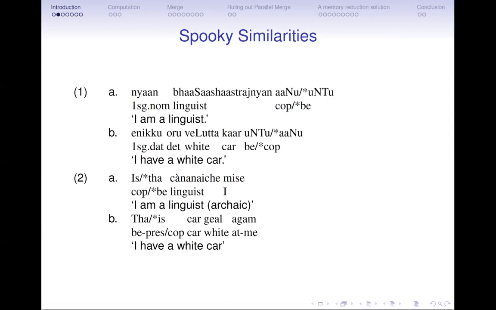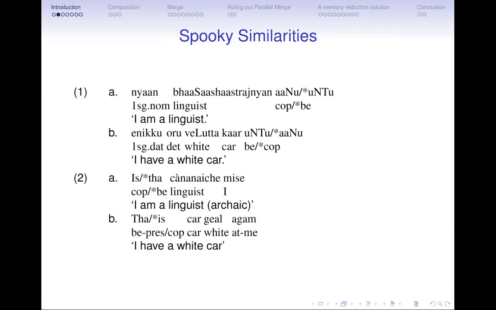But for possession, it's the other way around. You have a dative subject in 1b, so 'to me', that kind of thing. And then there's a white car, and what you see is the use of the other kind of be verb, the exists verb, and not the copula. And if we look now across oceans and continents and language families, we see in 2 a spooky similarity.